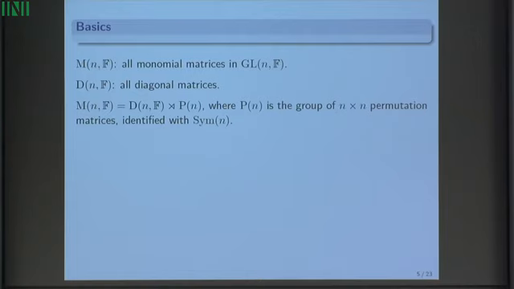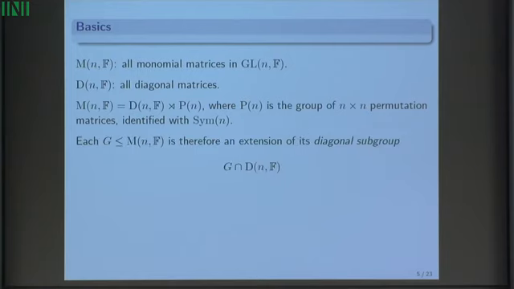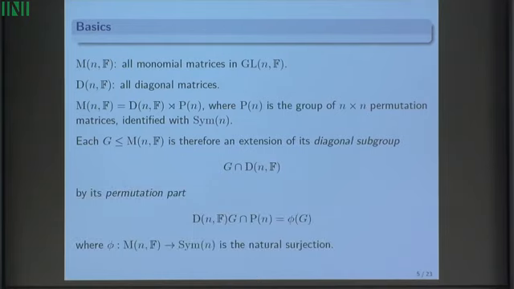So any monomial group, that is a subgroup of M(n, F), is an extension of its diagonal subgroup by its permutation part, that is, the image of G under the natural surjection of M(n, F) onto the symmetric group. All right, so we're constructing extensions of diagonal subgroups by permutation groups.